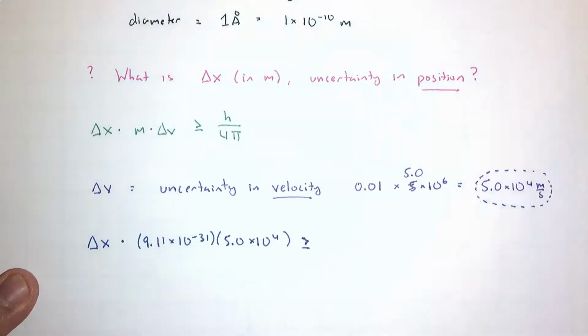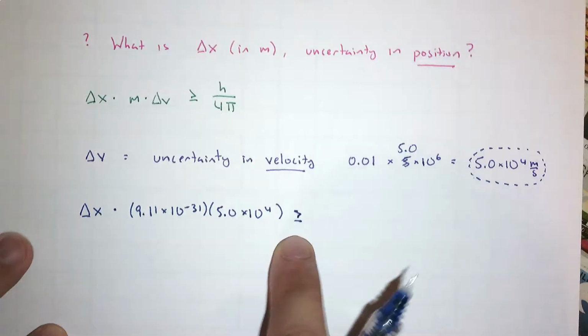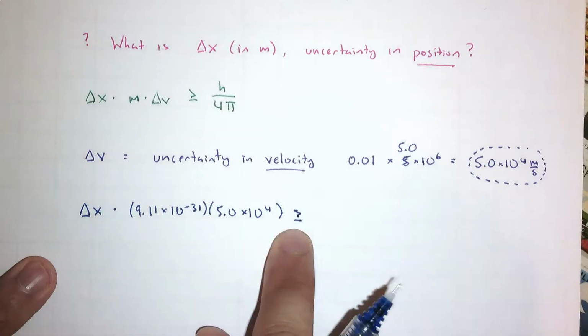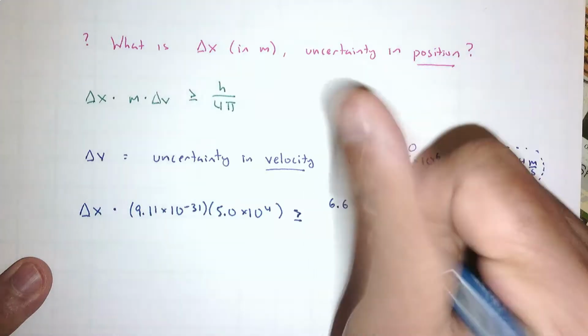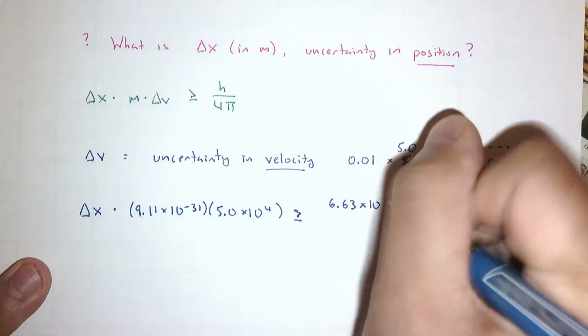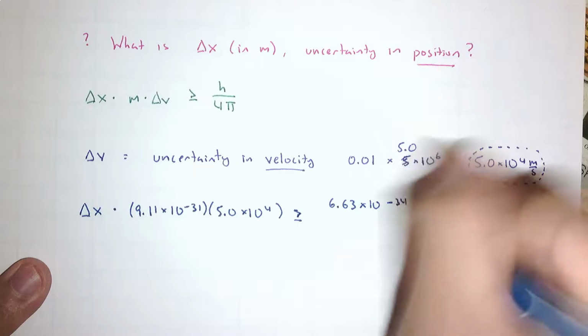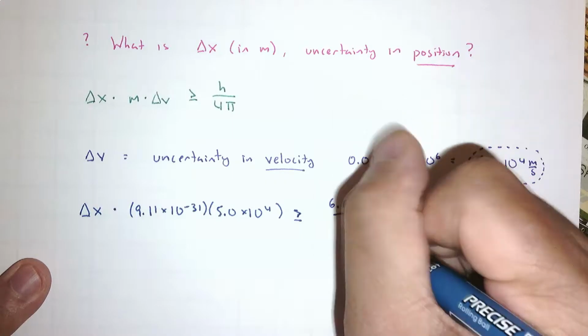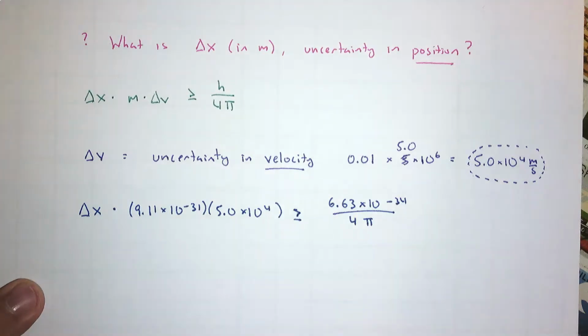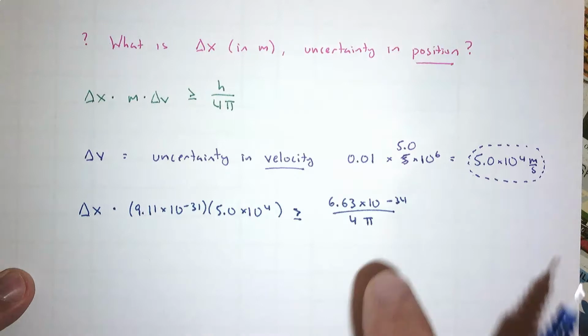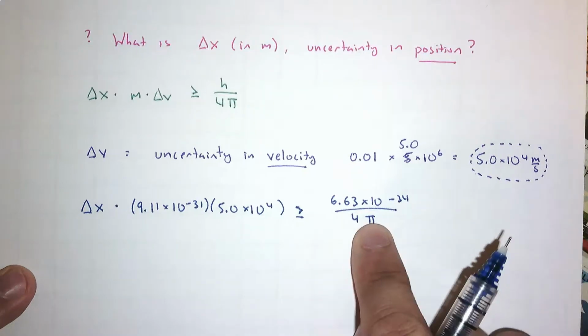Greater than or equal to. And our final answer will discuss what to do with this greater than or equal to. But we're still plugging in numbers. 6.63 times 10 to the minus 34 over 4 pi. Okay. On my calculator, what would I do? On my calculator, I would take care of this term first.